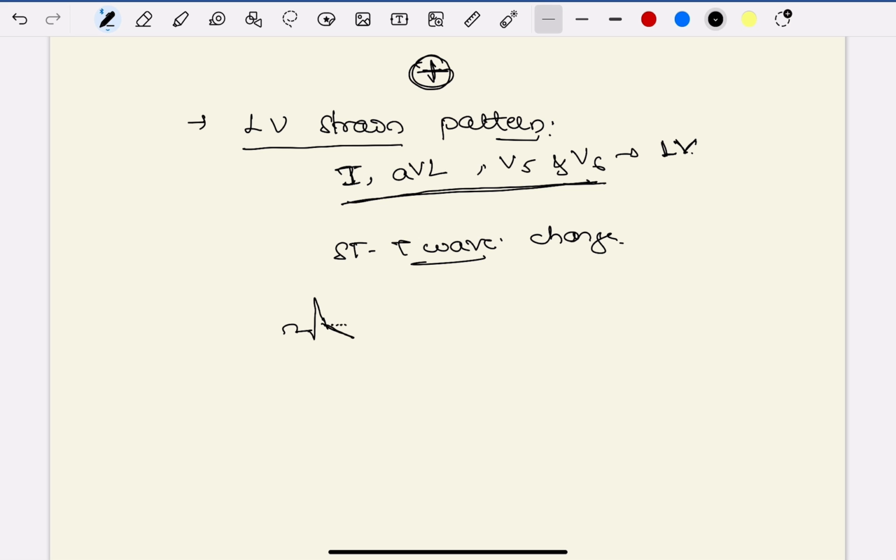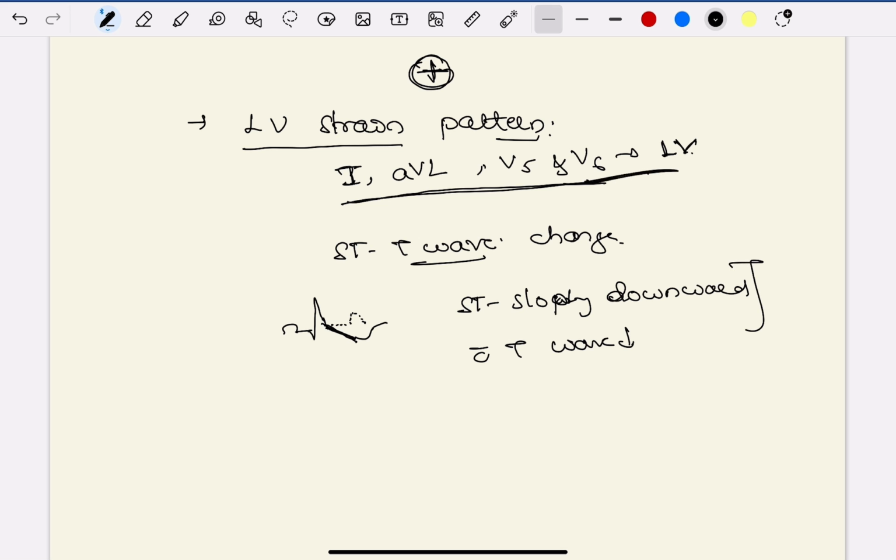It was supposed to be like this, but now it has become like this. ST sloping downwards with T wave inversion. So this is nothing but the strain pattern. If it is seen in these leads, that is called LV strain. If it is seen in V1 to V3, it's called RV strain. It is as simple as that.